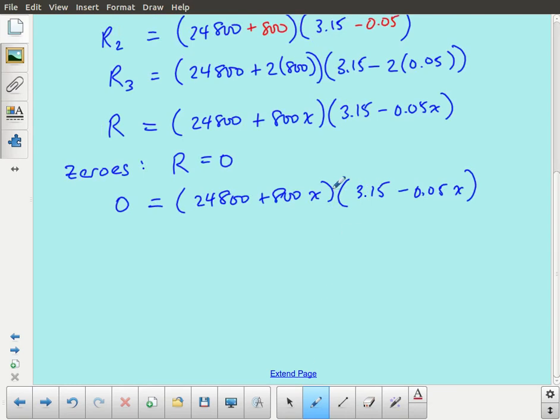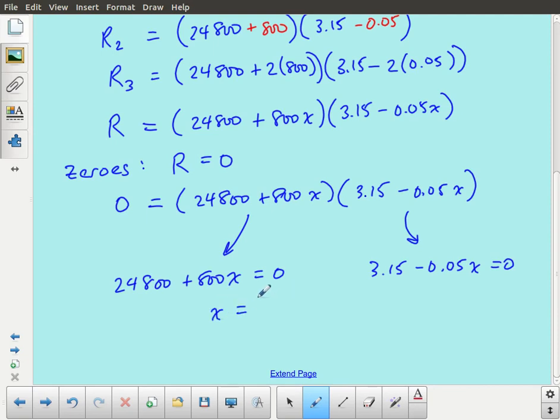You don't have to write out this step, but it does make it clear where this is coming from. This one becomes 24800 plus 800x equals 0. And this one becomes 3.15 minus 0.05x equals 0.